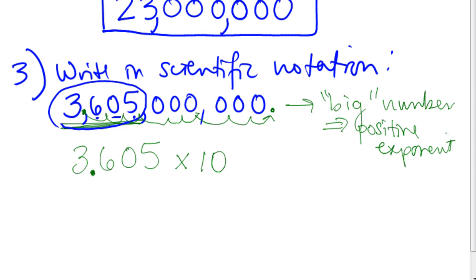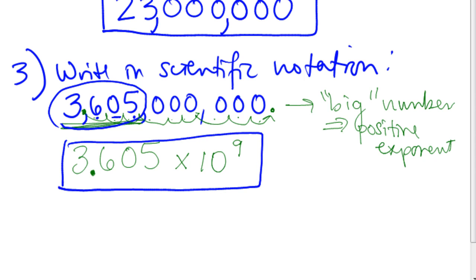And how many spaces again? 1, 2, 3, 4, 5, 6, 7, 8, 9 spaces is how many spaces the decimal place moved. So this would be times 10 to the 9th power. So 3.605 times 10 to the 9th power. Let's try one more example.